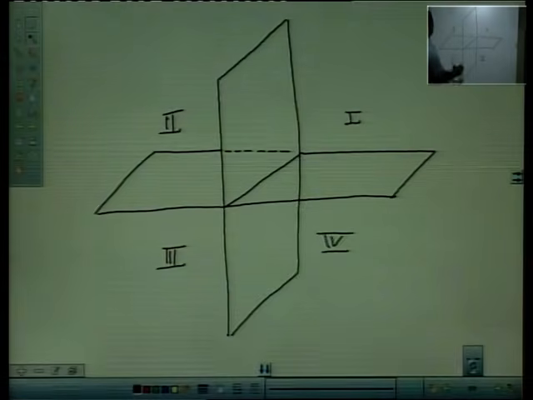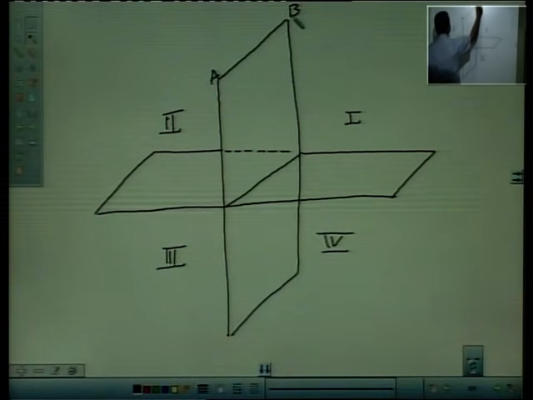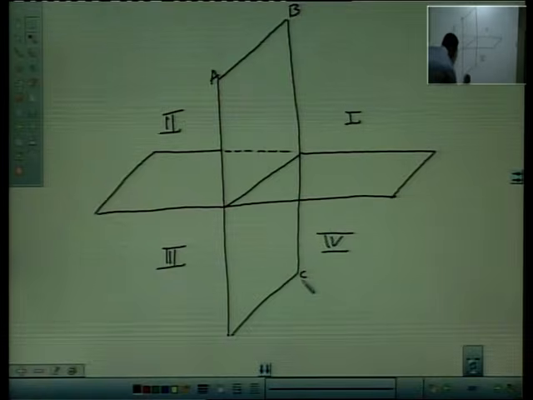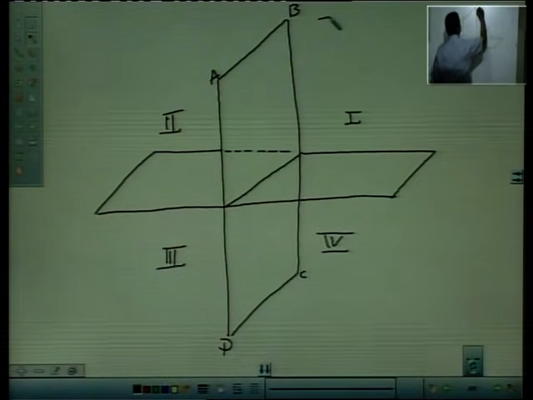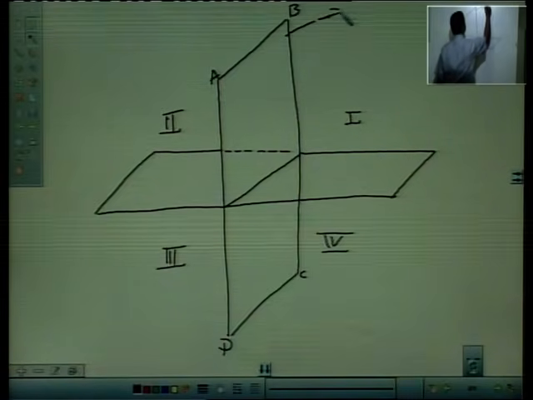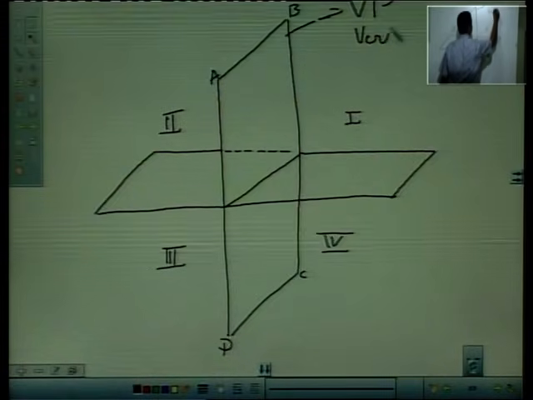Now in quadrant number 1 we have 2 planes. This rectangle here, say ABCD, is called VP, vertical plane.